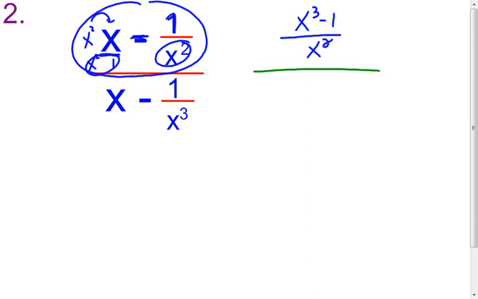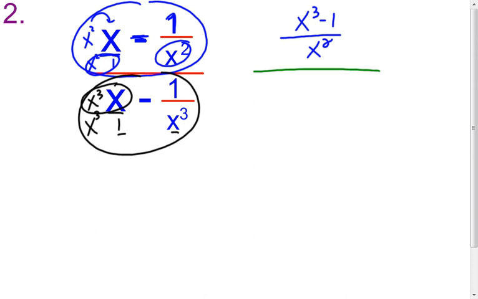Then I'm going to divide by, and I will look at the denominator here. Right now, this is over 1. And if I'm comparing 1 and x cubed, my common denominator would be x cubed. So I will multiply both of those by x cubed. And right here, I will have x to the 4th, minus sign in between, and then 1, over my common denominator, which we now know is x cubed.